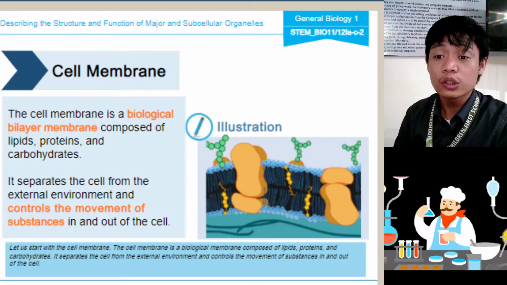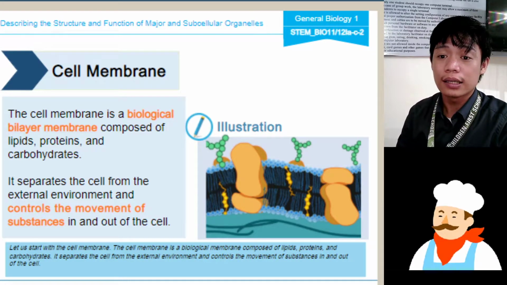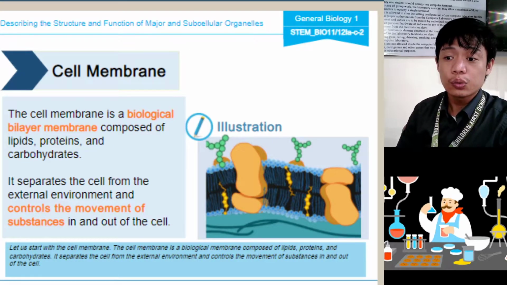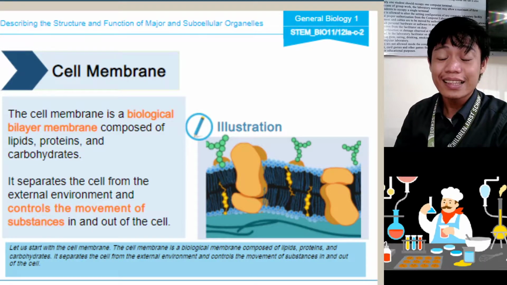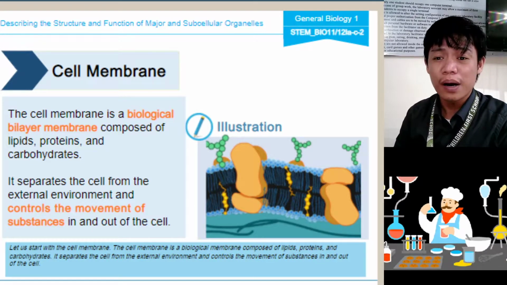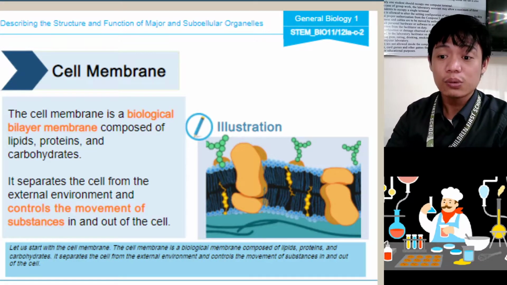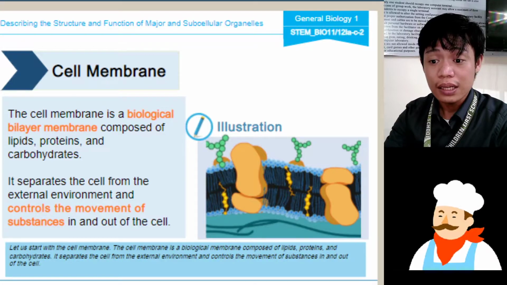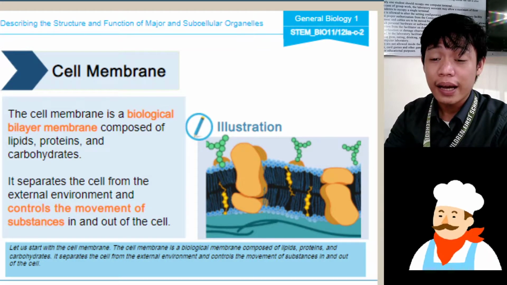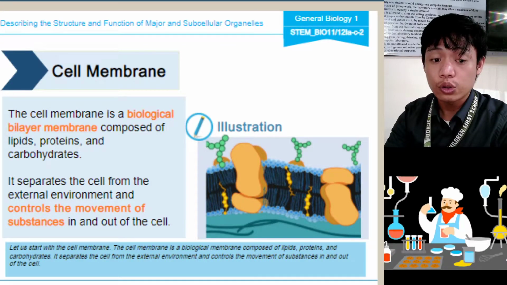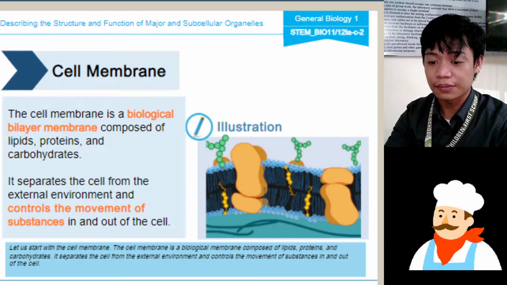They are the ones who will govern, or try to stop or administer, the in and out of foreign objects or bodies in and out of the cell. So that is the function of the cell membrane. Again, it is the bilayer membrane and it controls the movement of substances in and out of the cell.